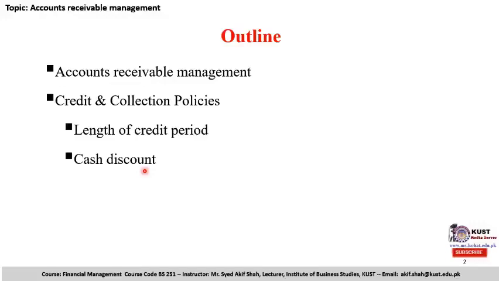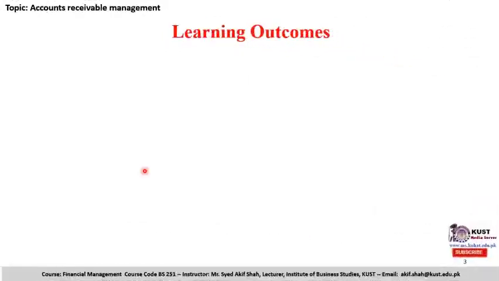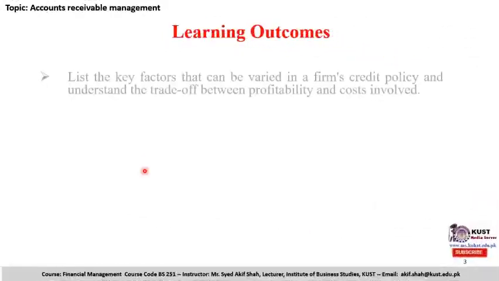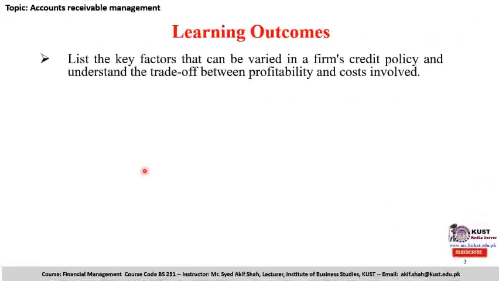So let's go ahead to recap our previous lecture, and to furnish ground for this lecture to continue and to cover the next two factors which can bring certain change in the profitability and cost involved. Basically, the learning outcome of this lecture is to understand the profitability and cost trade-off.